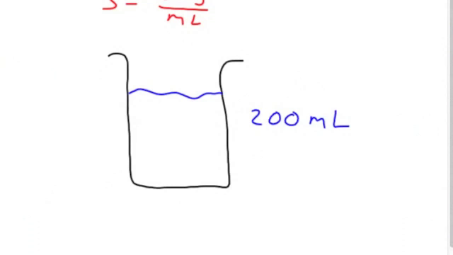I'm sorry, that's way too much. Let's say the solubility is 0.50 grams per milliliter. That's more realistic. Okay? So let's say that an object has solubility of 0.50 grams per milliliter, which is like 500 milligrams per milliliter.